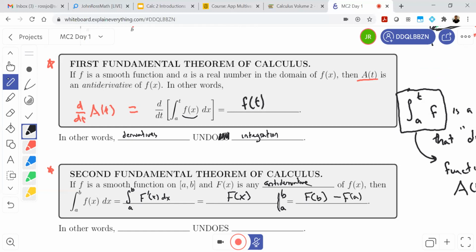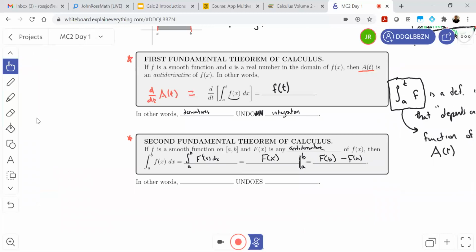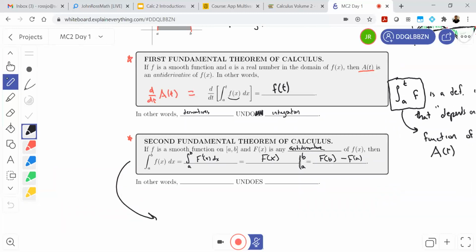This version of the fundamental theorem is the one that you're most likely to remember from last semester. It's the one that's used most often. It is written in a more concise way as the integral from a to b of little f of x dx equals capital F of b minus capital F of a.